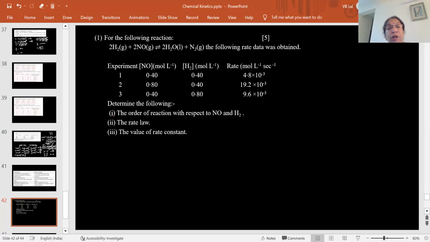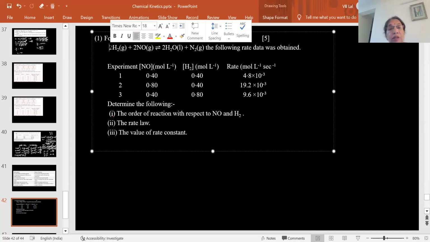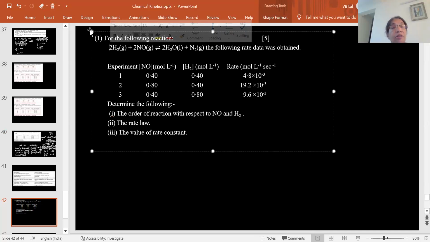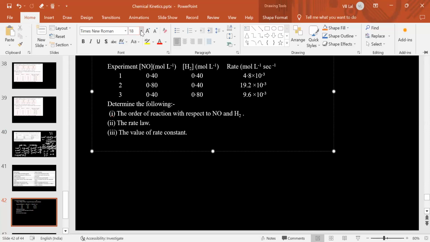For the following reaction, can you all see it or shall I make the font a little larger? This is okay, ma'am.